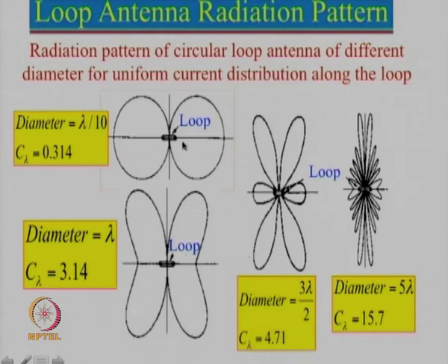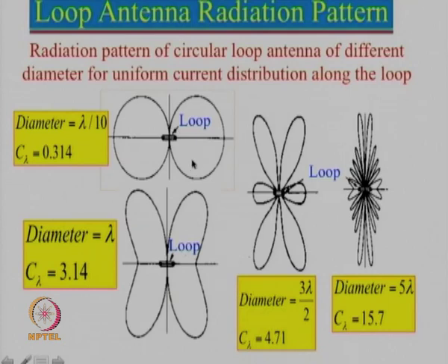Please remember, the loop is placed like this, and the pattern in this particular plane makes a figure of 8 shape, and the pattern in this plane will be circular, just like a dipole antenna. But instead of the electric field earlier, this is now a magnetic field, and the field which is uniform along this direction is now the electric field.